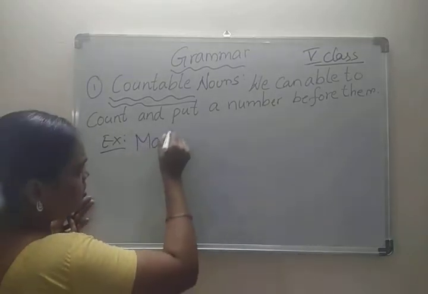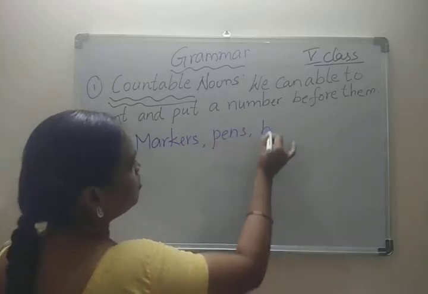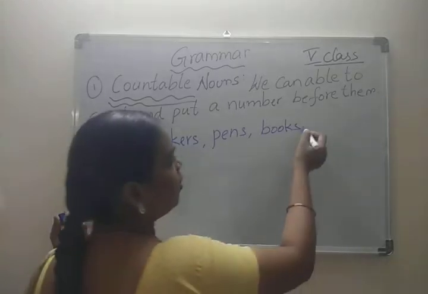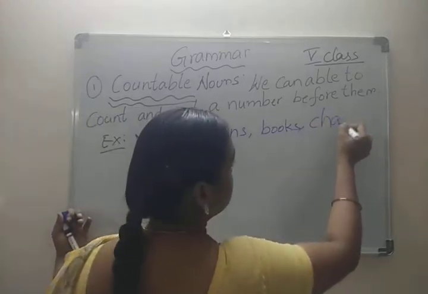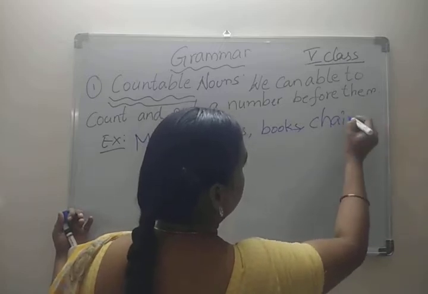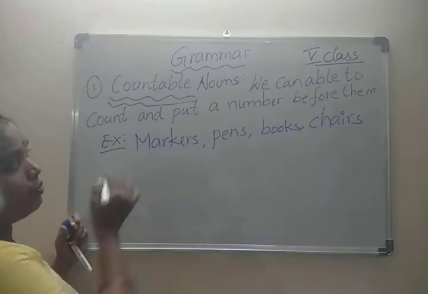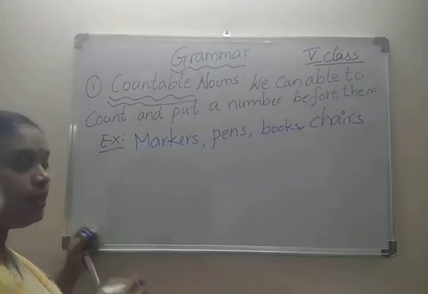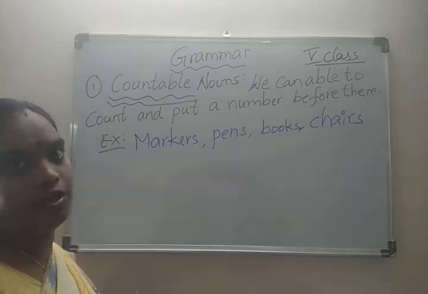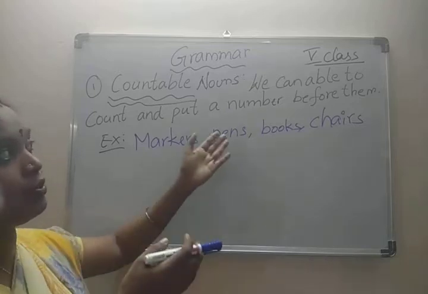Markers, pens, books, chairs, anything we can count. These are the countables. Whenever we are counting, we can take these countable nouns and put numbers before them.